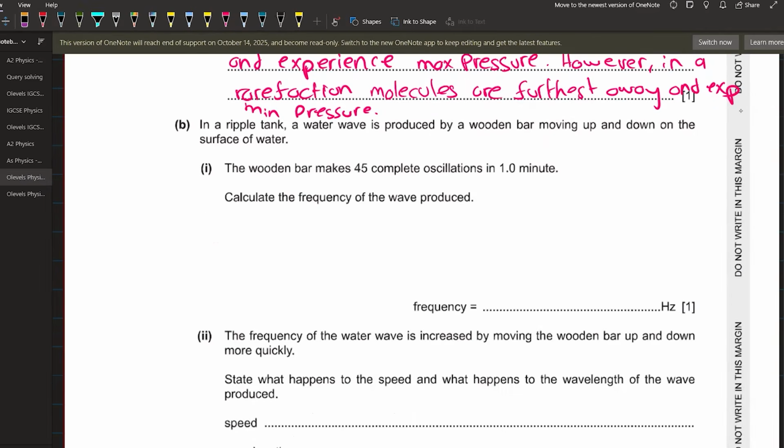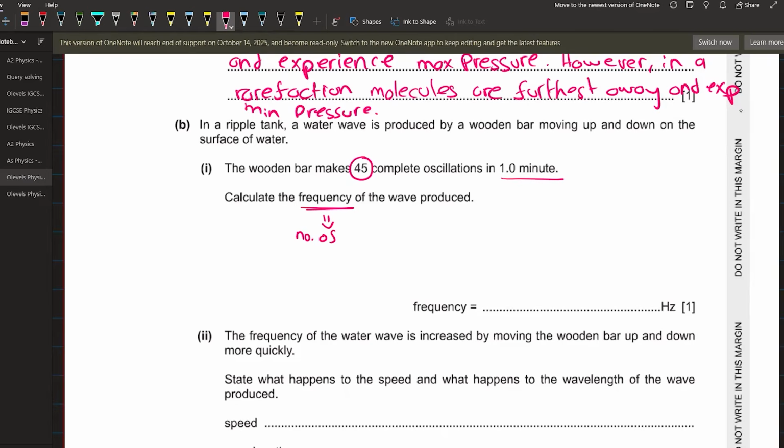In a ripple tank, a water wave is produced by a wooden bar moving up and down on the surface of water. The wooden bar completes 45 oscillations in 1 minute. Okay. Calculate the frequency of the wave produced. Frequency का मतलब क्या होता था? Definition क्या होती थी? Do you remember?